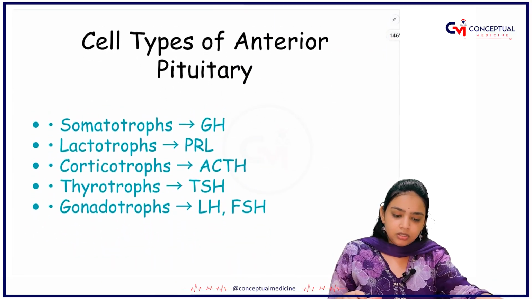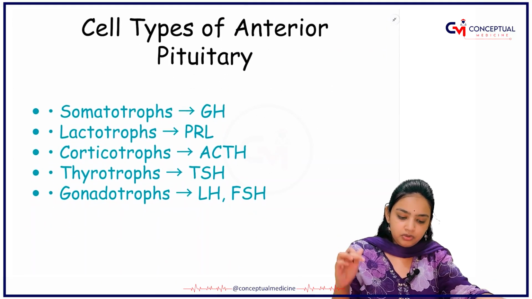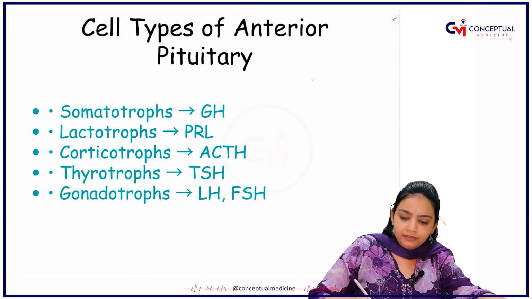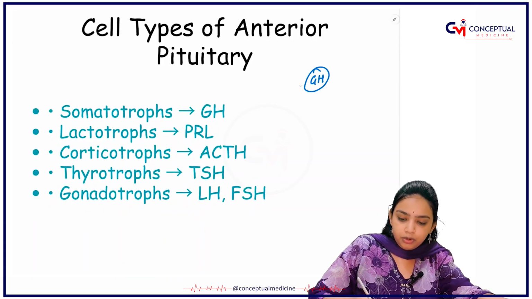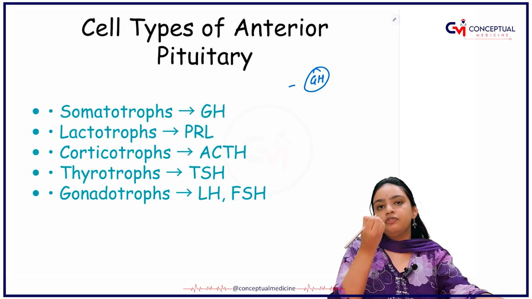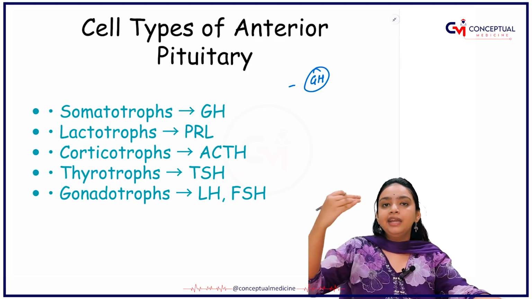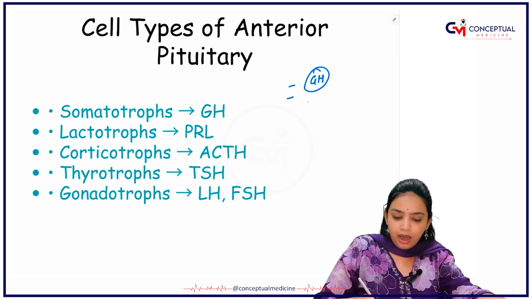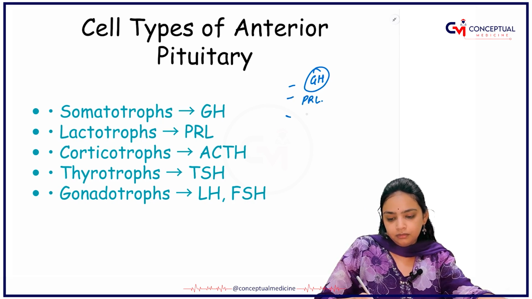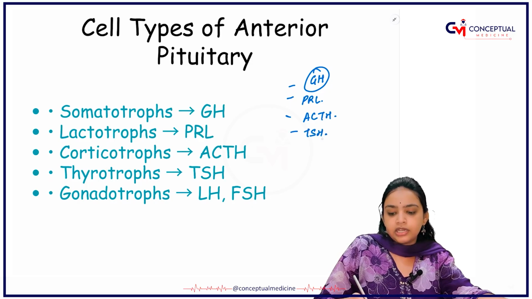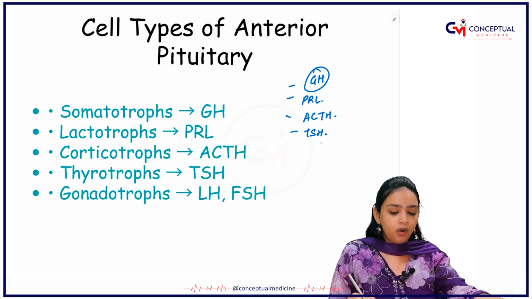Let's see the cell types of the anterior pituitary. The main cell types: first is growth hormone, which is essential for the development of your body, for your height and everything. Then you have prolactin, ACTH, and TSH, the thyroid stimulating hormone.